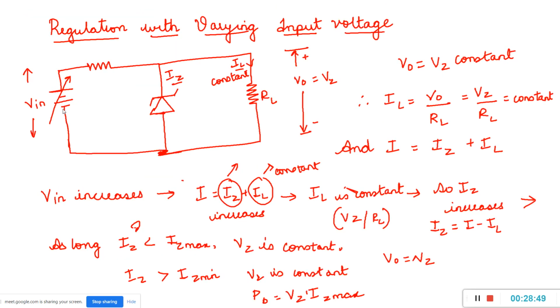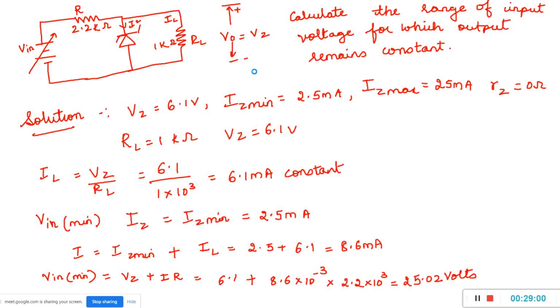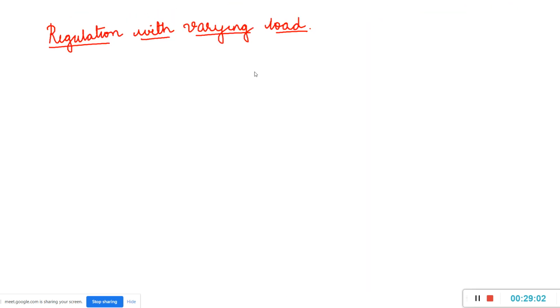Here we varied the input voltage and we got the constant voltage. So now what we are doing is, now we are varying the load. So this is another condition. First we varied the input. Now we are varying the load. So again the same circuit, students, same circuit.